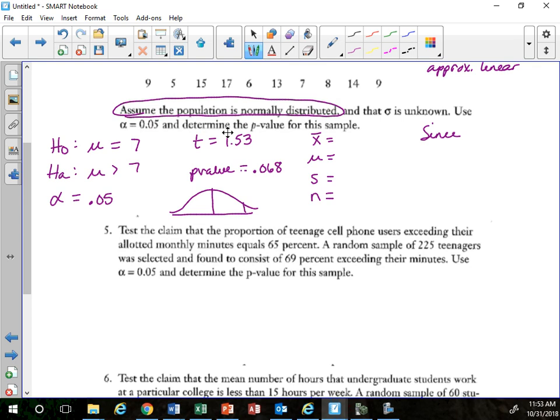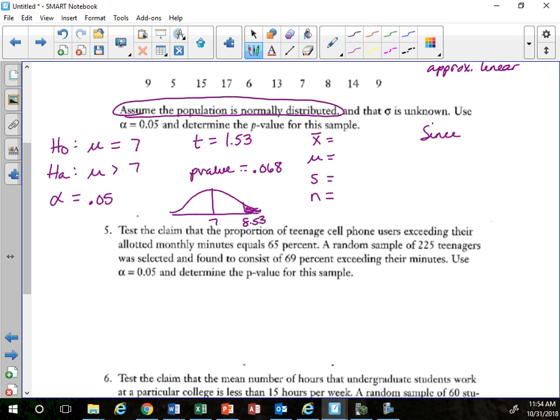If you're standardizing it, this is 1.53, and this was 0. And if you're not, then this was 7. And you're shading. Does that make sense? You have to pick one of those ways to draw it. It might be easiest to just go with the T, the standardized way, because your calculator's going to show you that.